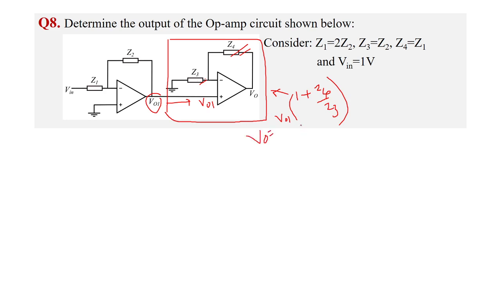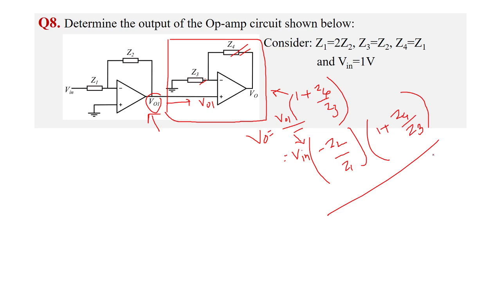Okay, so what is V01? Since the first stage is an inverting configuration, we can write V01 as Vin into minus Z2 by Z1, and that into this term, 1 plus Z4 by Z3. So this is the output voltage.